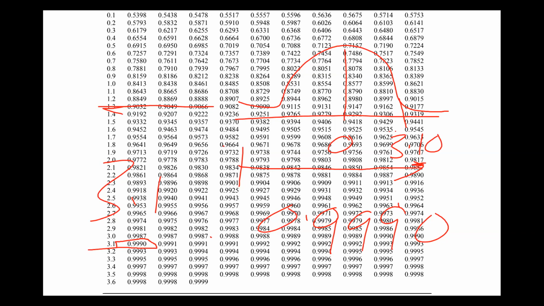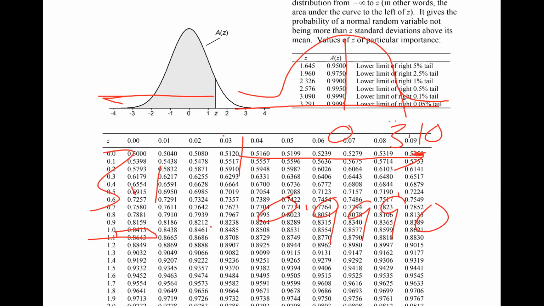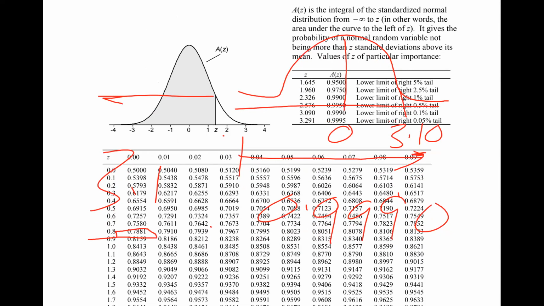Yes, sir. What if you use that other table, which will give you the area on the right? The one I'm using is giving me 0.0010. Yes, you are using the other one. Look at the way it is drawn on top.